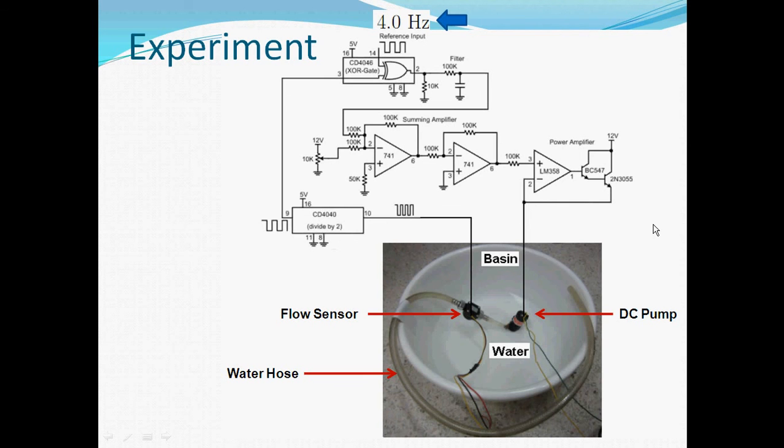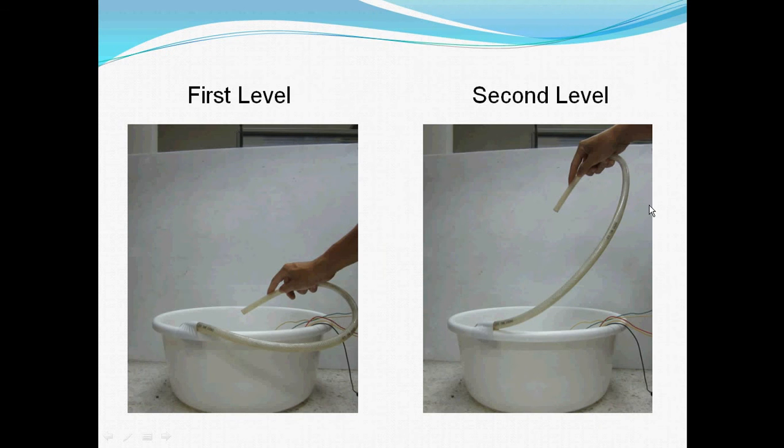To verify the proposed principle, the laboratory experiment of the proposed circuit is set up as shown in this picture. In the experiment, the frequency of the reference input signal is 4 Hz. That is, the required flow rate is about 1 liter per minute.